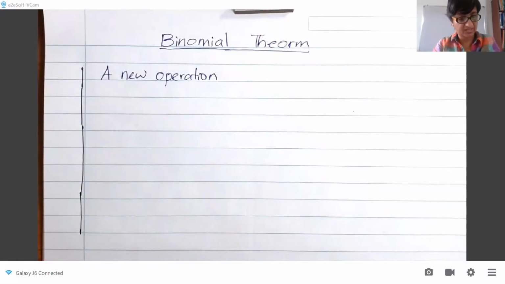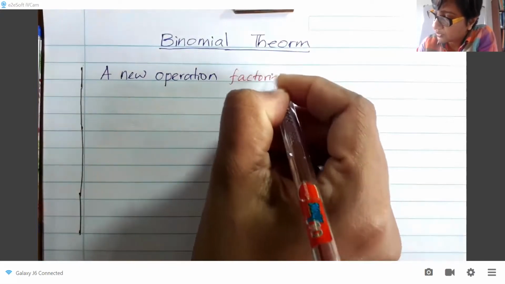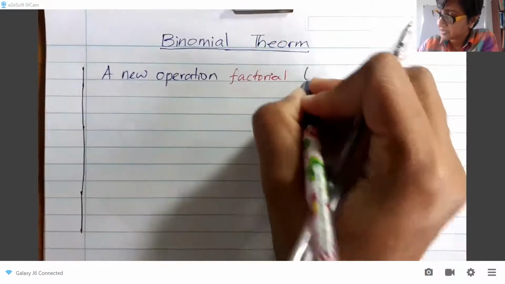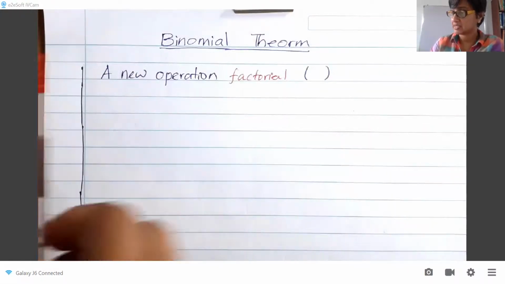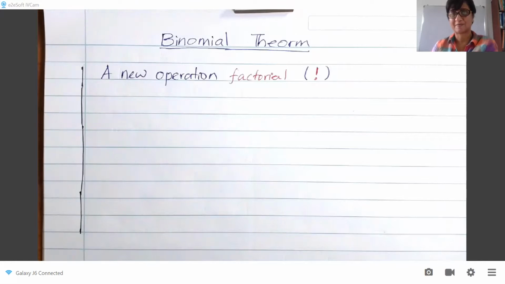The name of the operation is factorial. And the symbol for factorial is, like for addition it's plus, exclamation mark. Sometimes students say it's the Budu Ammu mark.